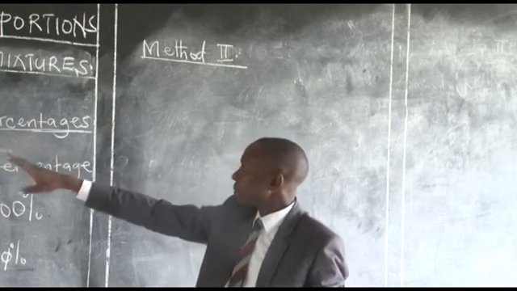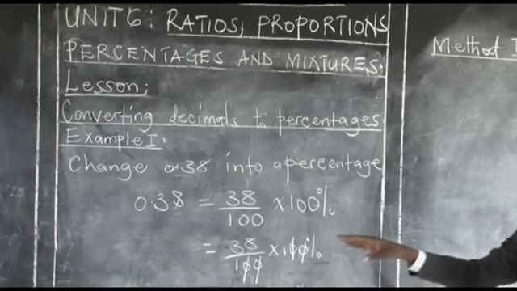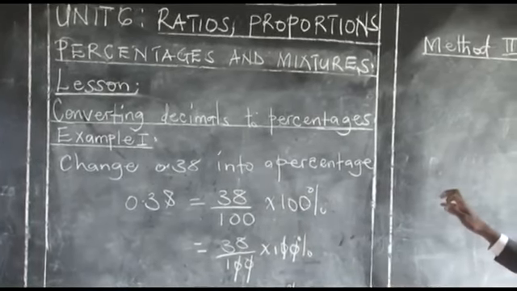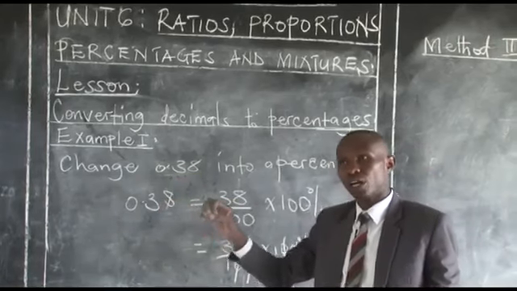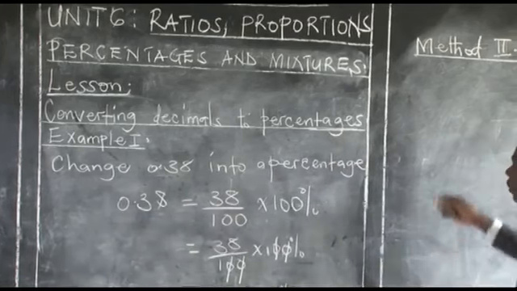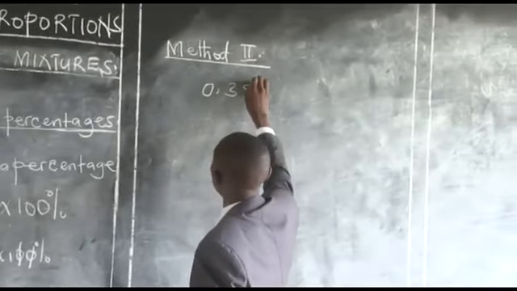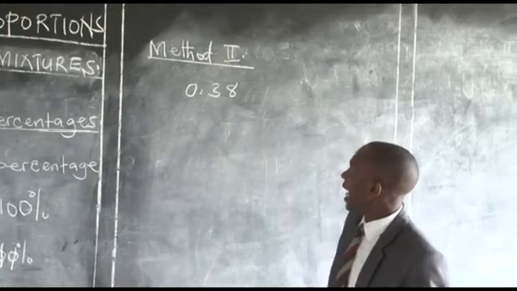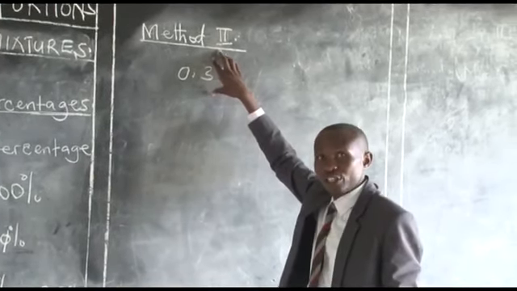First of all, the question said change 0.38 into a percentage. So I want us to look at the decimal numbers that we are having here. We have 0.38 as our decimal, and we want to see how we can convert this into a percentage in the second method.